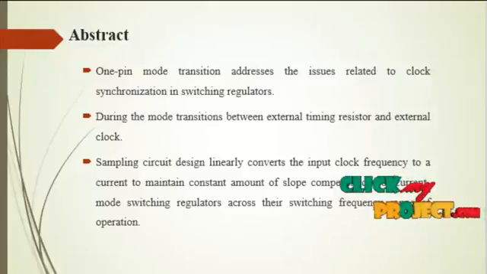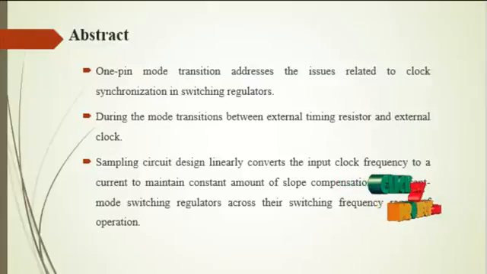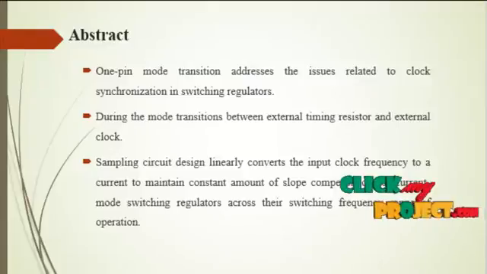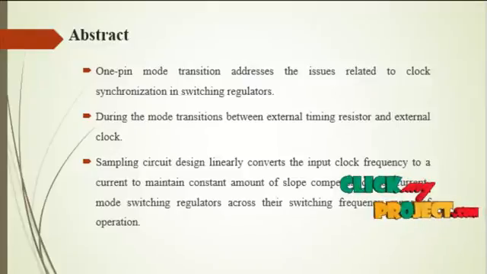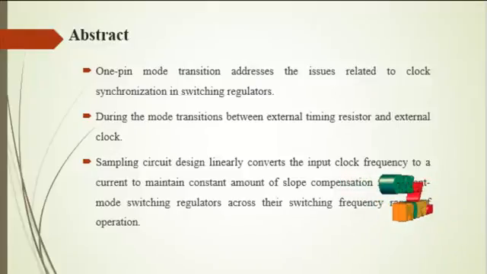The experimental results are presented from a peak current mode buck regulator with one-pin synchronization circuit to show the performance improvements of using the proposed design approach over a phase lock loop based design.